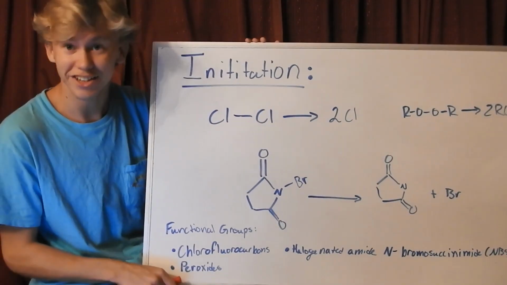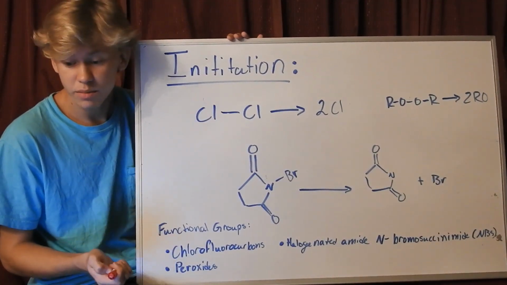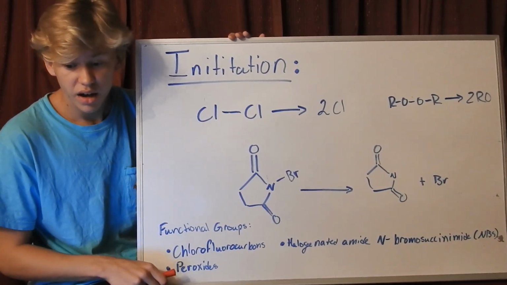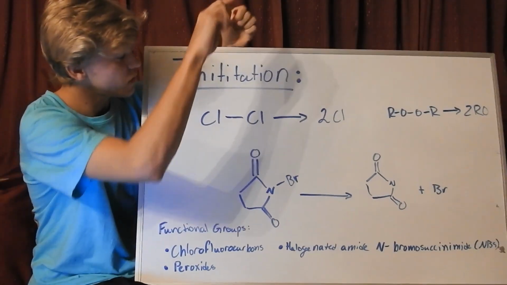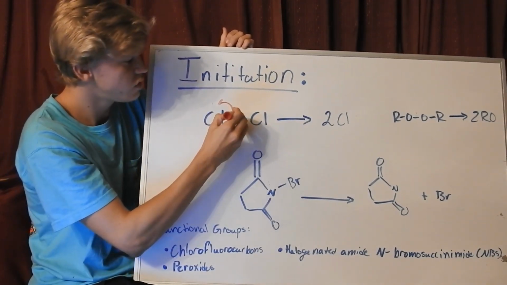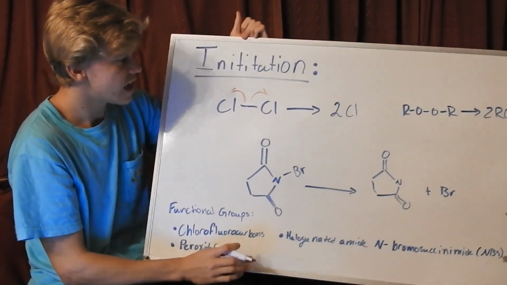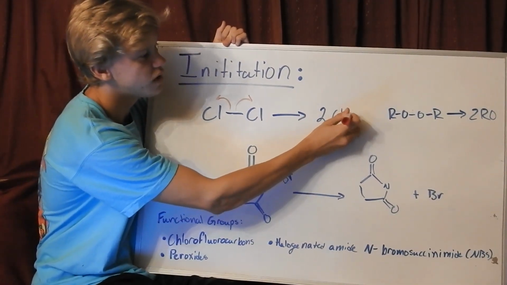So in initiation, in most cases, this is a homolysis cleavage event and is most common between halogen-halogen bonds, as we can see right here. And when drawing the arrows, you only draw a half arrow. And so we'll have a halogen turn into two radicals.